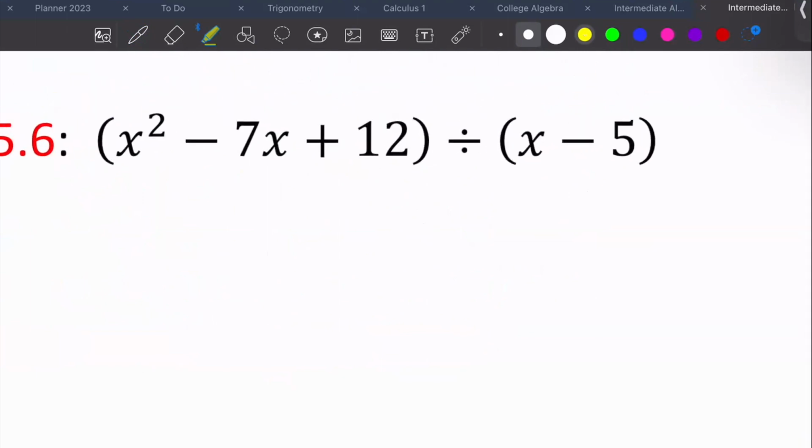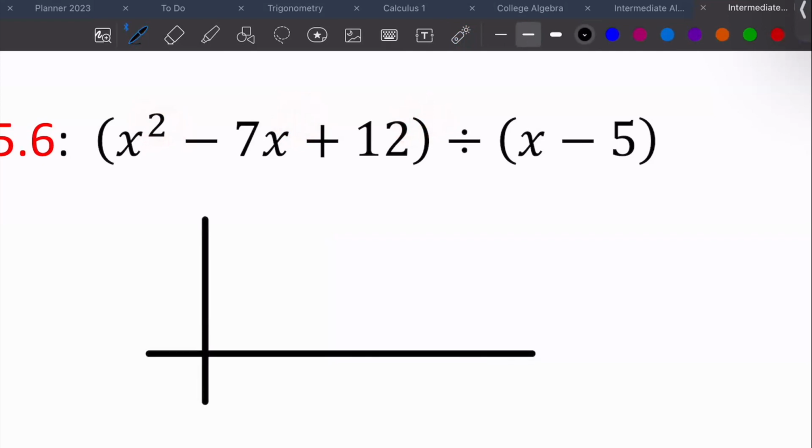Let's look at this one. Last one. 2, 1, 0. We're good. Nothing missing. What number goes in the bottom? The opposite of -5, so it's just 5. List your coefficients: 1, -7, 12.